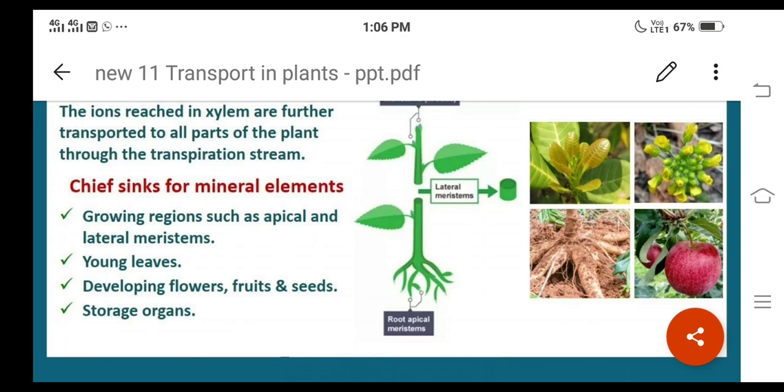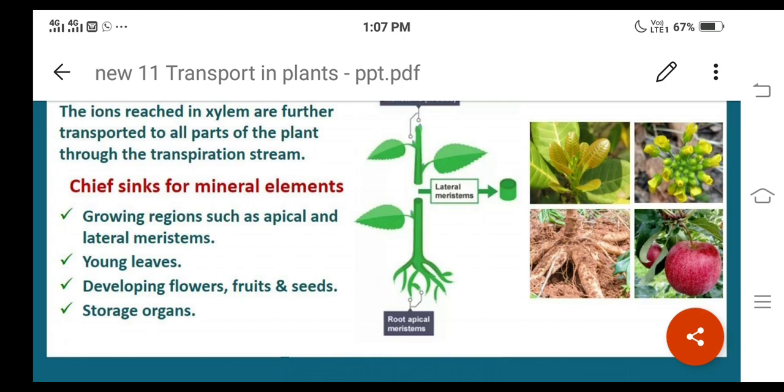Okay, the first one is growing regions of the plant, such as the apical and the lateral meristem. What do you mean by apical and lateral meristem here? We already studied this while studying the anatomy part.